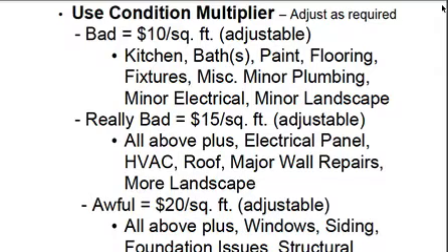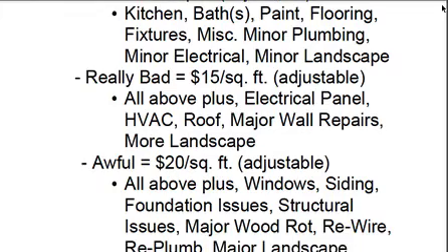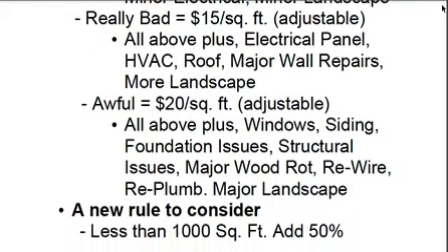And really bad is everything above plus a new electrical panel, HVAC system, that's heating and air conditioning, a roof, major wall repairs, a bigger landscape job than just your basic rehab. And then awful, again, we would want to adjust upward if you feel the need.